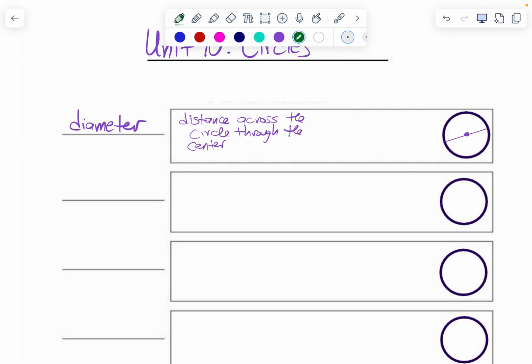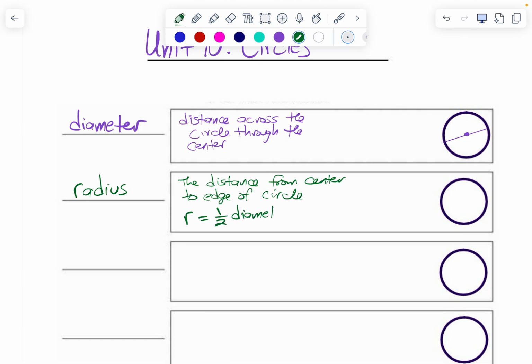Okay, what's a radius? This is the distance from center to edge of a circle, and it is 1/2 the diameter, or the diameter is 2 radiuses.